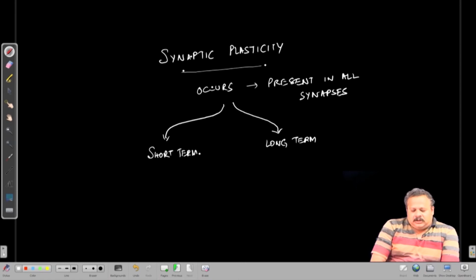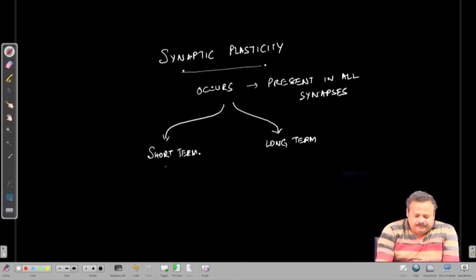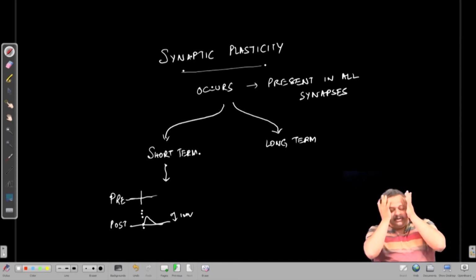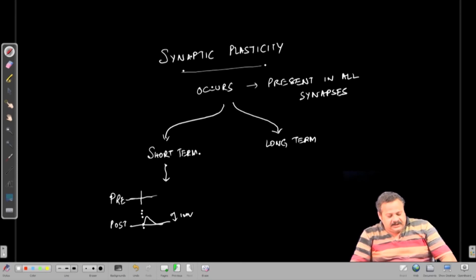What we mean by short term plasticity is that, let us say, we measure the synaptic strength for a particular synapse by producing a spike in the presynaptic neuron, and we do averaging, and on the postsynaptic side we measure the membrane potential and the EPSP. Let us say this is a 1 millivolt EPSP that we see on average due to the spike on the presynaptic side.